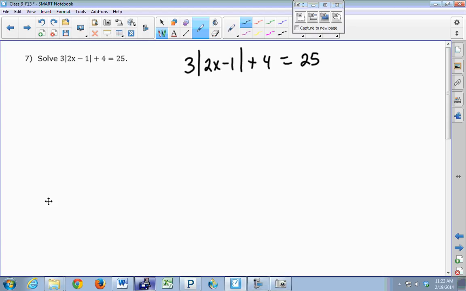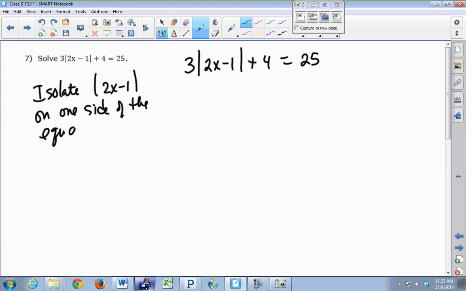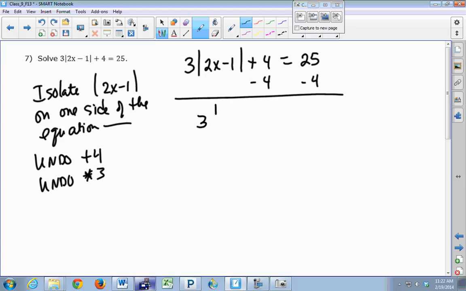So in order to isolate, we want to isolate this on one side of the equation. And in order to do that, we have to undo the addition of 4 and undo the multiplication by 3 on both sides. So let's do that. We're going to undo the addition of 4 by subtracting 4 from both sides of the equation.